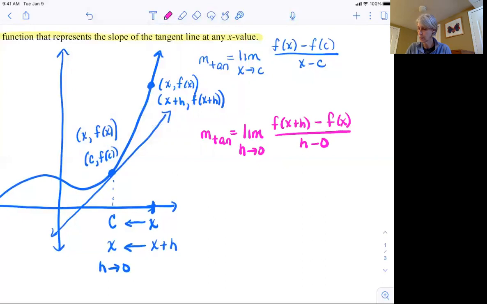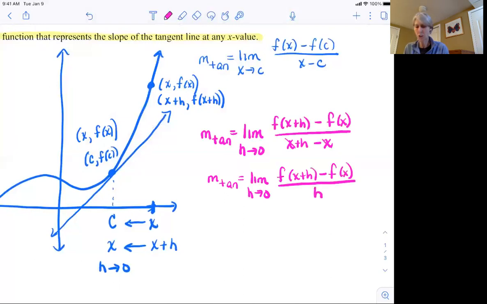We did y2 minus y1, f of x plus h minus f of x. Now we're going to do x2 minus x1. x2 is x plus h, minus x1, which is just x. And if you think about it, in the denominator I have x plus h minus x, the x's are going to cancel. And our slope formula now becomes the limit as h approaches 0 of f of x plus h minus f of x over h.